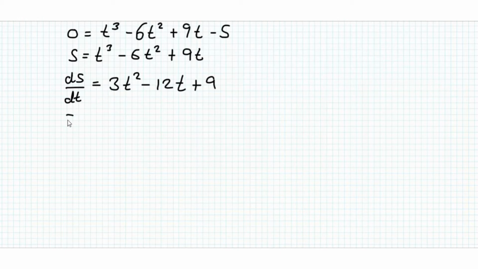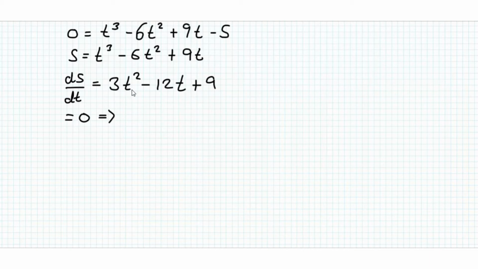So now we're going to set this equal to 0. If you can see, all these have a factor of 3 in them, and since 3 cannot be equal to 0, we can divide both sides of the equation: 3t squared minus 12t plus 9 is equal to 0.